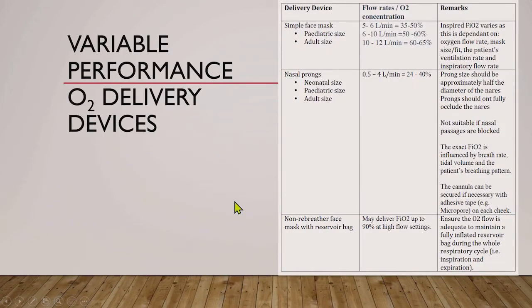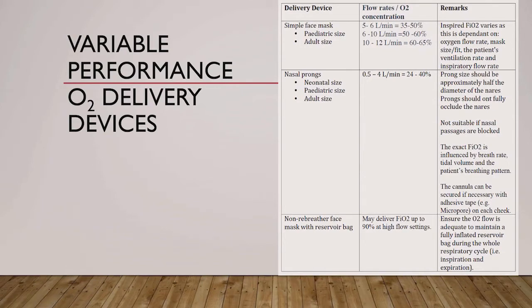The oxygen delivery devices have variable performance. For nasal prongs, it can only deliver around 0.5 to 4 liters per minute, which comes up to 24 to 40% FiO2. For a simple face mask, it can bring up to around 50 to 60% FiO2.